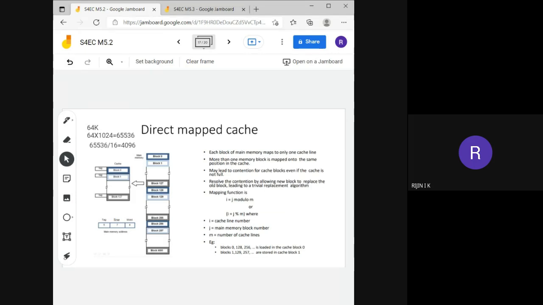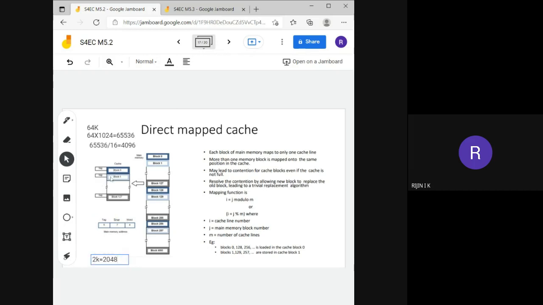Similarly, the cache memory we also divide with 16 words in each block. Here, the size of the cache memory is 2K. 2K means 2 into 1024, that is equal to 2048. So a total of 2048 words can be accommodated in this cache.